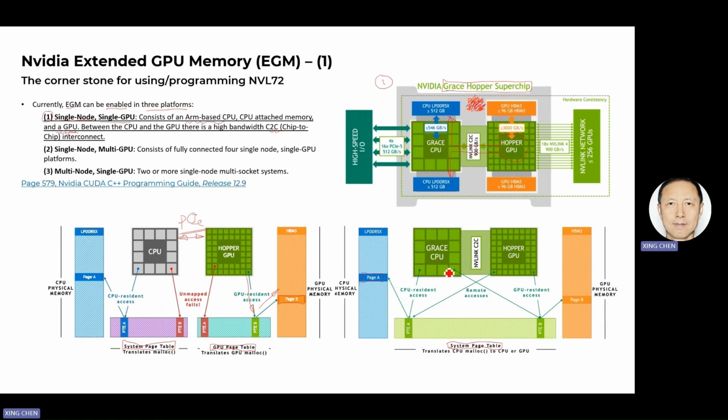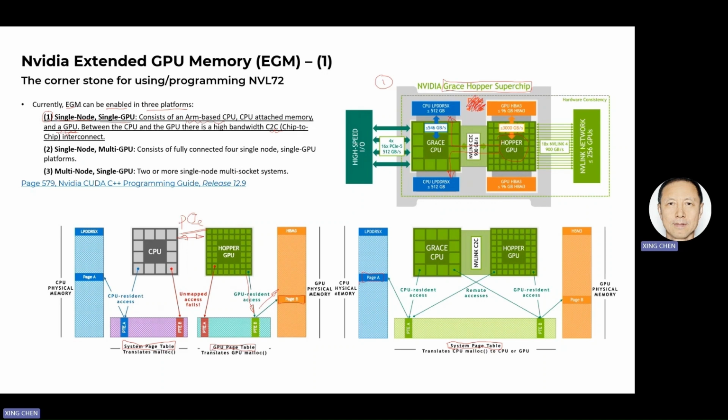And then the CPU and the GPU can access each other's memory plus their own memory. So there is a kind of symmetry here. The CPU and GPU memory is unified, is shared. This is the programmer's point of view.